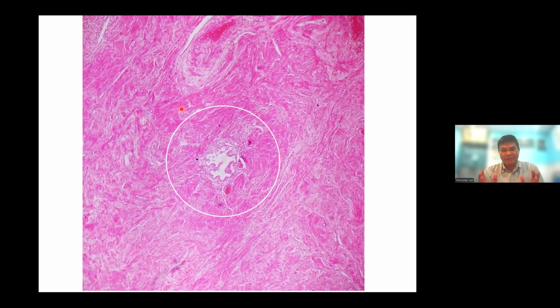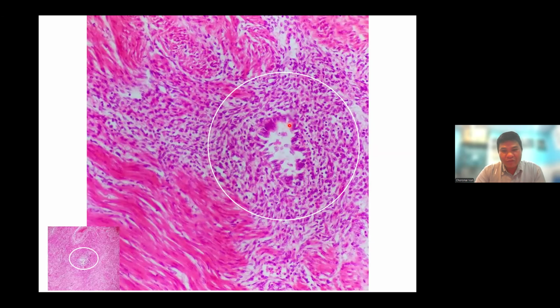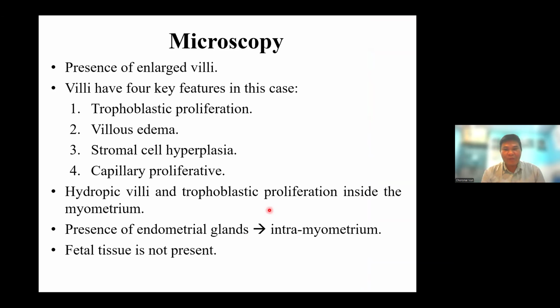Endometrial gland is present in the myometrium here. This is an endometrial gland and endometrial stroma present in the myometrium. For the summary of the microscopic findings: villi inflamed, villous edema, trophoblast proliferation, stromal proliferation, hyperplasia, for example of syncytiotrophoblast, proliferative, mitosis little, capillary proliferative.